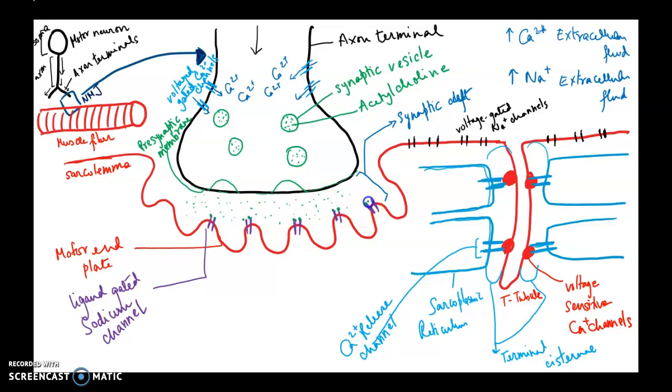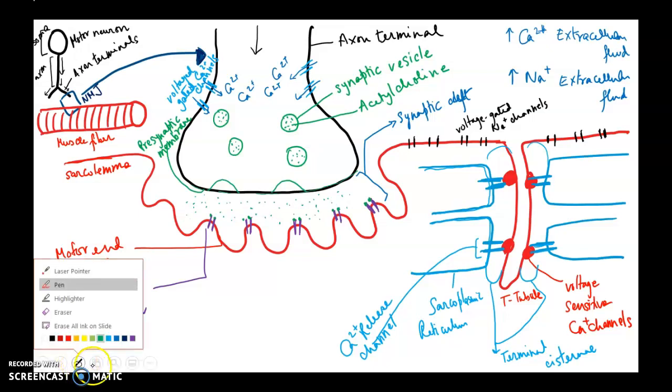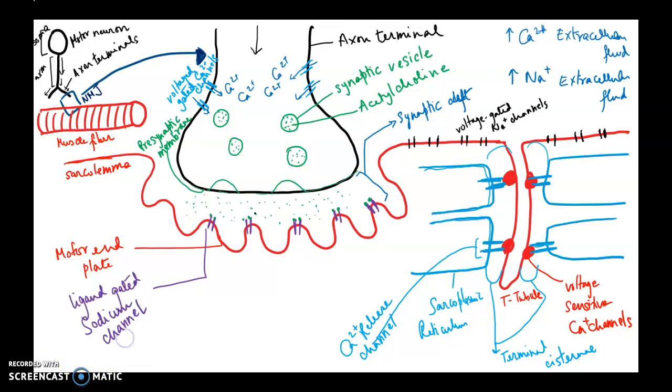And as acetylcholine binds to the ligand-gated sodium channels, these gates open, and sodium, which is in high concentration, these are all sodium, okay? We have a lot of sodium in the synaptic cleft outside the cell. And as the ligand-gated sodium channels open up, sodium gets into the cell, into the muscle fiber. So sodium comes in.